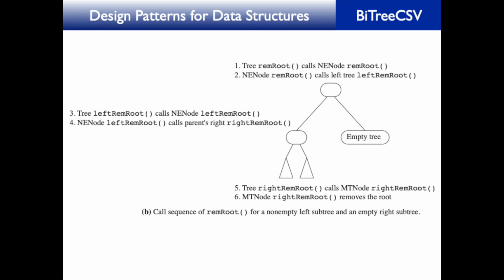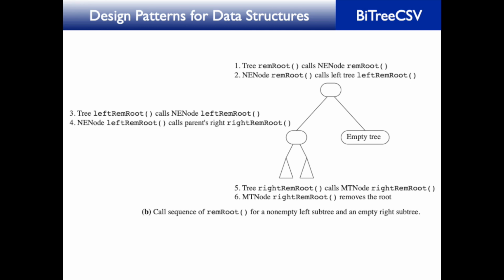And the tree's left remove root calls the non-empty node version of left remove root, this time because this tree is not empty. Then the non-empty node version of left remove root calls the parent's right remove root, passing along the parent.